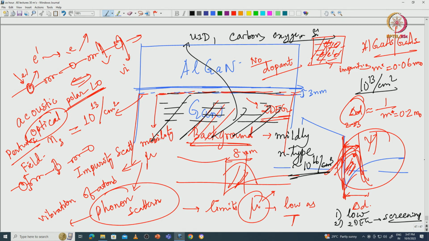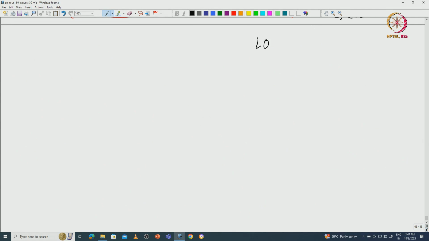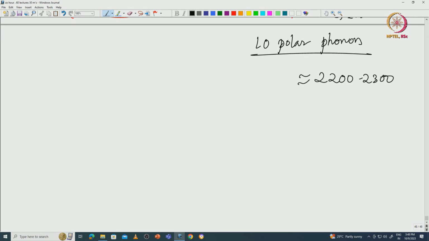Okay. So, people can calculate theoretically exactly this polar LO phonon scattering, okay, what is the theoretical limit to which this polar phonon scattering will affect the mobility of the 2D electron gas formed at an AlGaN-GaN interface, and people found out this is in the range of 2200 to 2300 centimeter square per volt second.